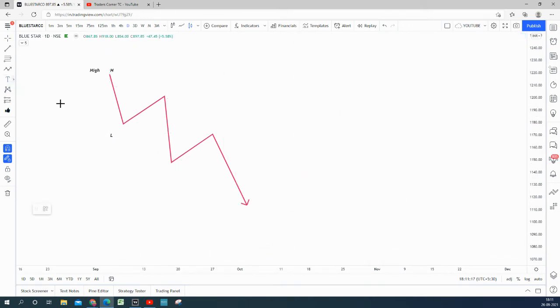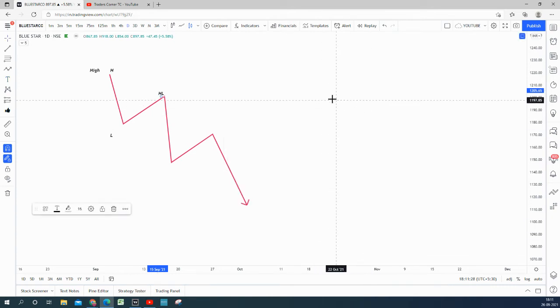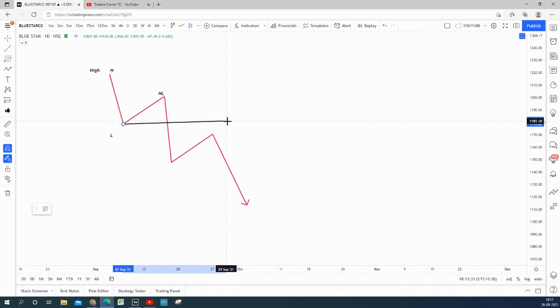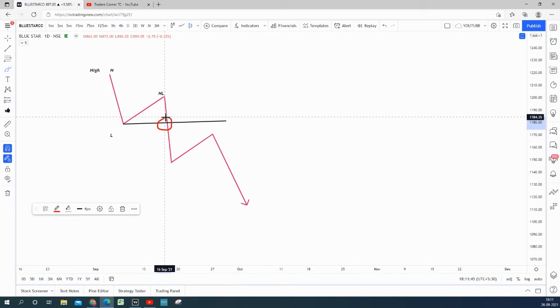Okay, after this, price went above this low, so this is higher low. Now what happens, whenever this low breaks the previous low, it is a confirmation of a downtrend.